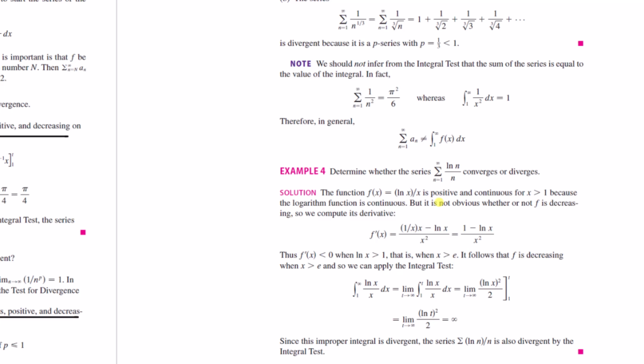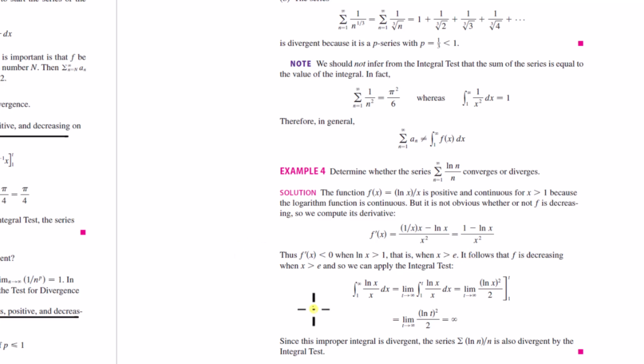So what they're saying here is that if you take the n from the a sub n and replace it with an x, and you get a function that's positive, continuous, and ultimately decreasing, at some point, wherever, could be starting at 300, going to infinity, then you would take the derivative of the function and show that for x greater than a certain value, the derivative is always negative.